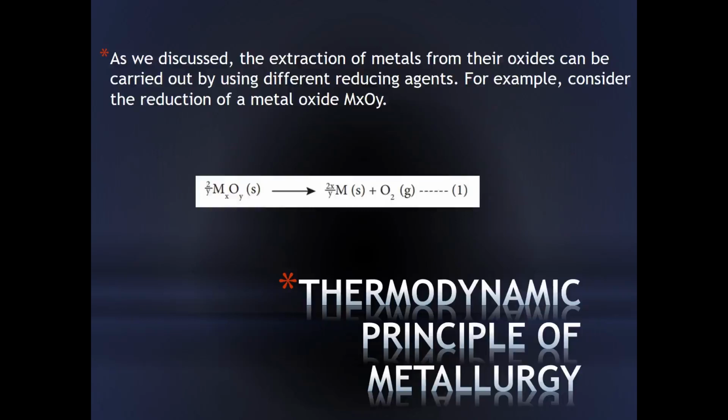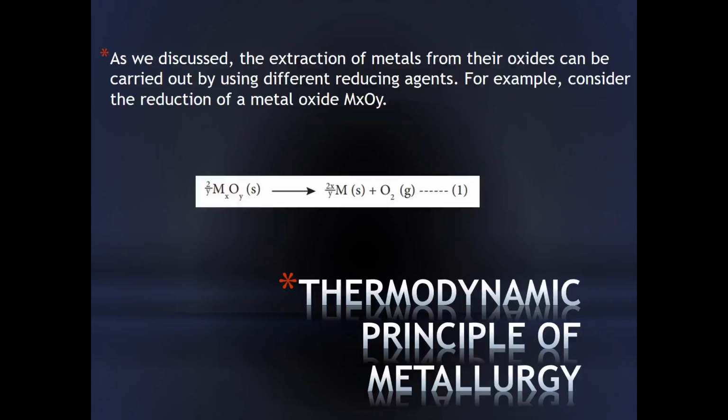He used the relationship del G not equal to minus RT ln Kp to calculate the del G values at variable temperatures for the reduction of metal oxides, by treating reduction as an equilibrium process.